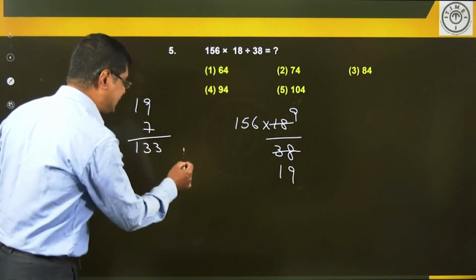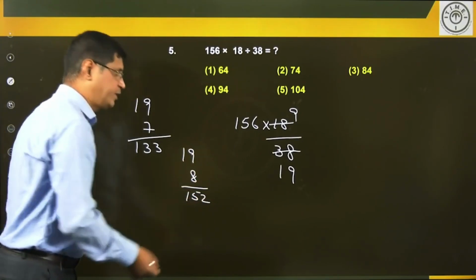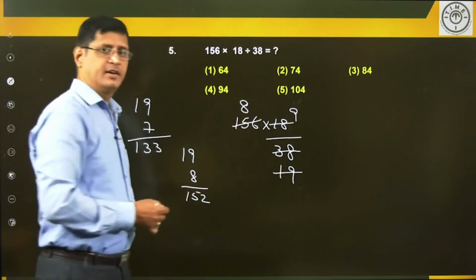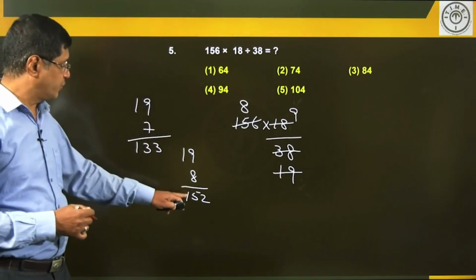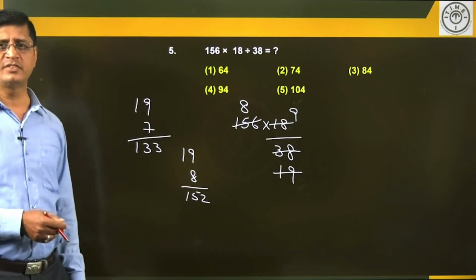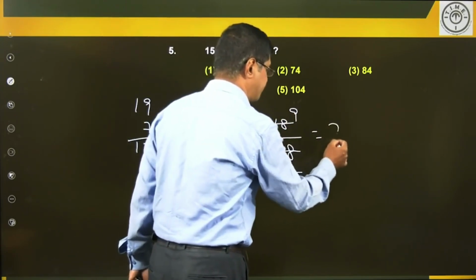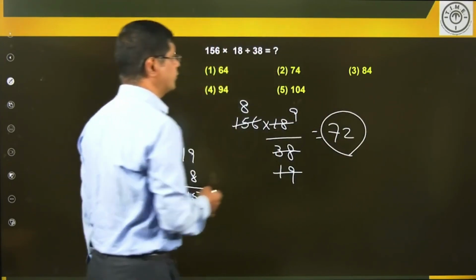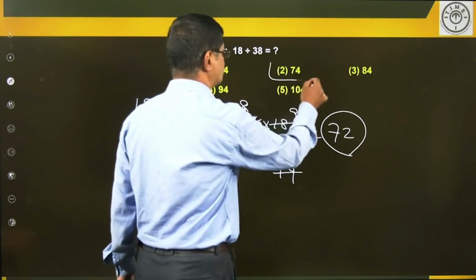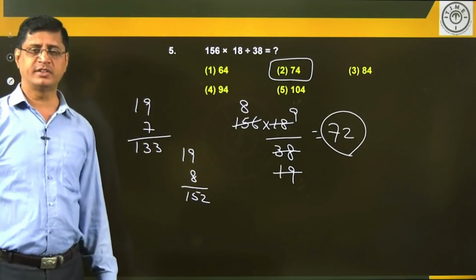So what about 19 into 8? 152. So how many times does it go exactly? 8 times 19 is 152, but here approximately 8 times because 156 is close to 152. Now just multiply 8 into 9, 72. So what is the nearest answer to 72? That is 74. So right choice, option number 2. Second choice is the correct answer.